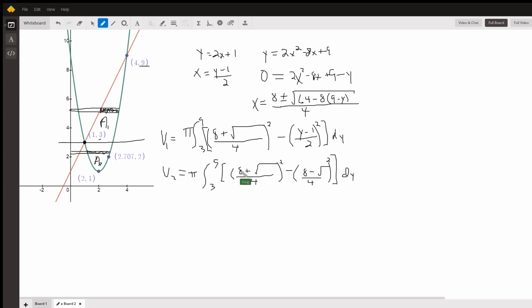And then we would add those two volumes together, and we get the volume of the solid of revolution. This looks pretty bad.